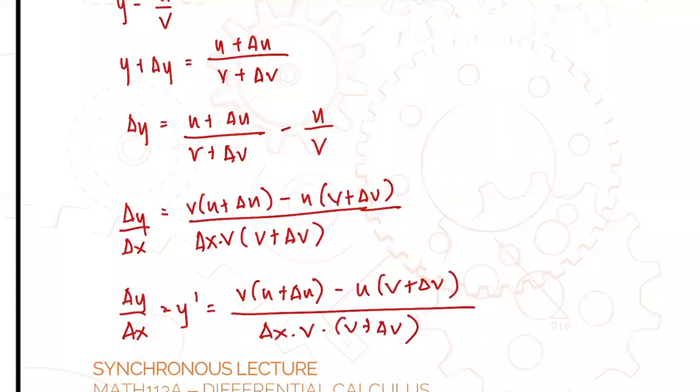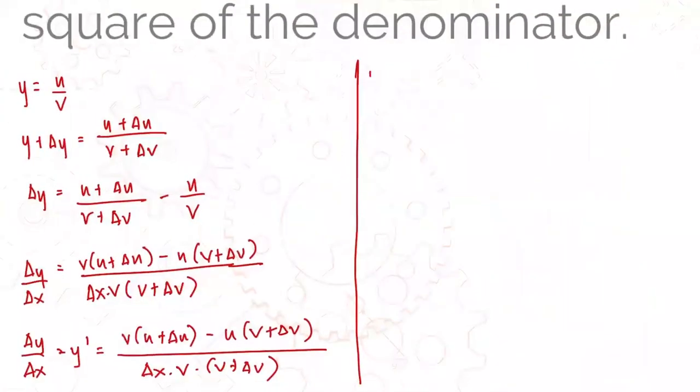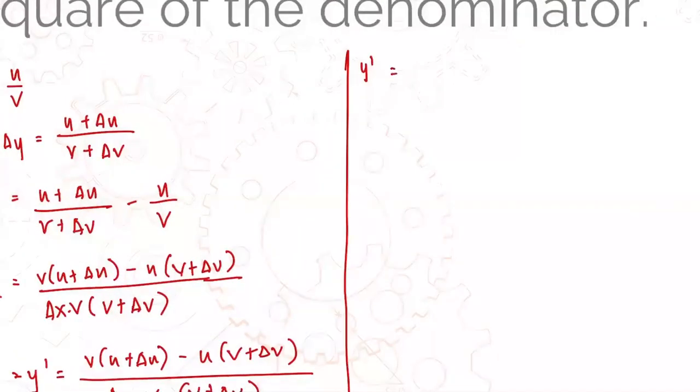Okay. Pag meron na kayong ganito, kailangan iisip kayo ng manipulation na pwedeng gawin. Okay. So, manipulation pwedeng gawin, pwede kong galawin yung numerator, no? Gagawin ko doon sa numerator, mag-a-add minus ako ng u at v. Okay? So, let's try. So, halimbawa yung numerator, di ba, v times u plus delta u.